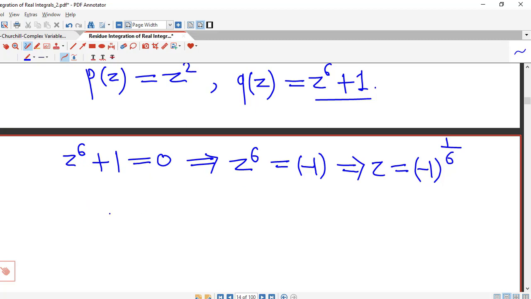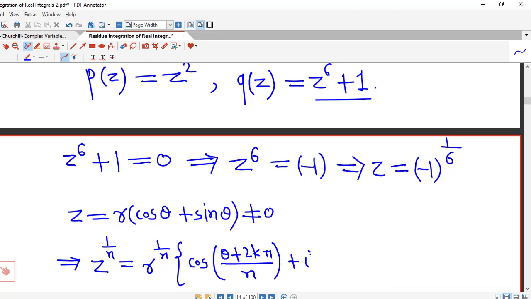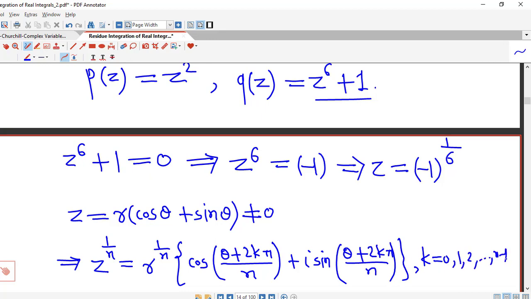For that we know the formula that if z is a non-zero complex number in polar form, z equal to r times cos theta plus i sin theta, then the nth root of z is given by r raised to 1 by n times cosine of (theta plus 2k pi) divided by n plus i sine of (theta plus 2k pi) divided by n, where k is 0, 1, 2 up to n minus 1.